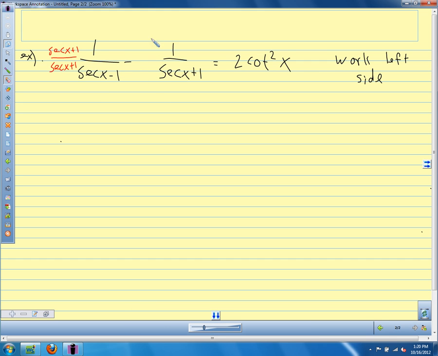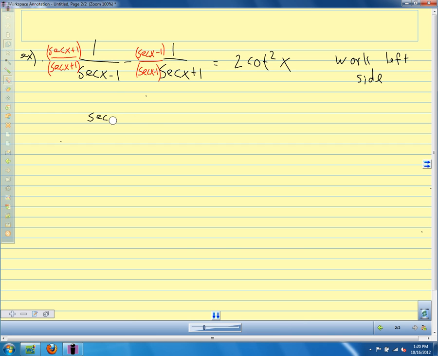And I'm going to multiply this side by, put it in red, secant x minus 1 times secant x minus 1. That's going to be my common denominator. And I'm going to put parentheses here to remind me that I have to multiply these out.